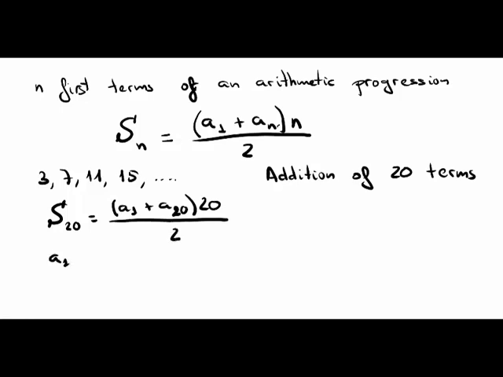I know a1 equals 3, and to calculate a20 I have to use the general term, which is a1 plus 19 multiplied by the difference.